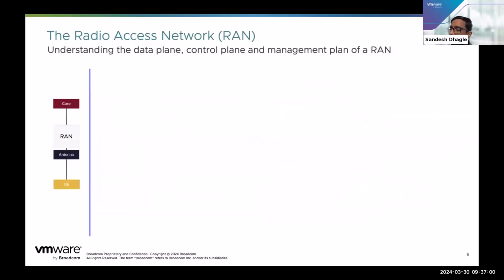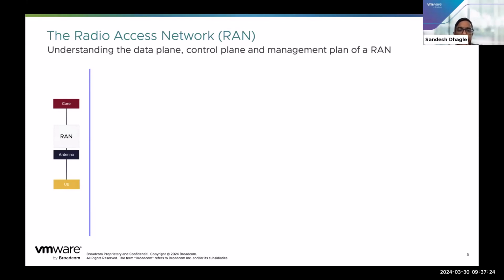Okay, so now before understanding RIC, I would like to first take a look at how the RAN software components are put together, and what it means to introduce intelligence in RAN with RIC. Right.